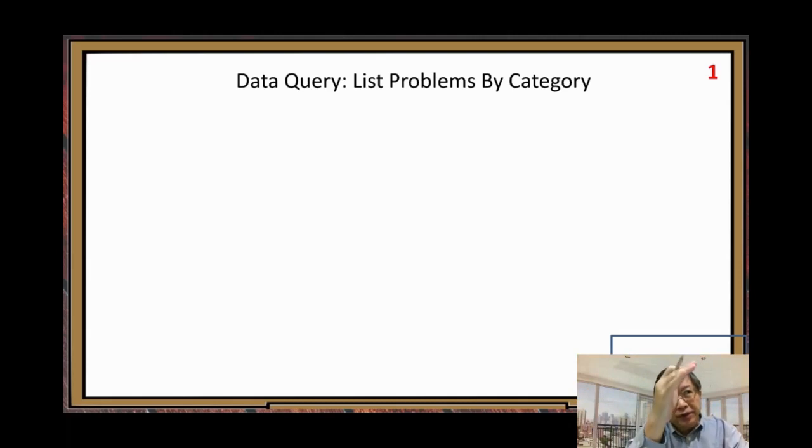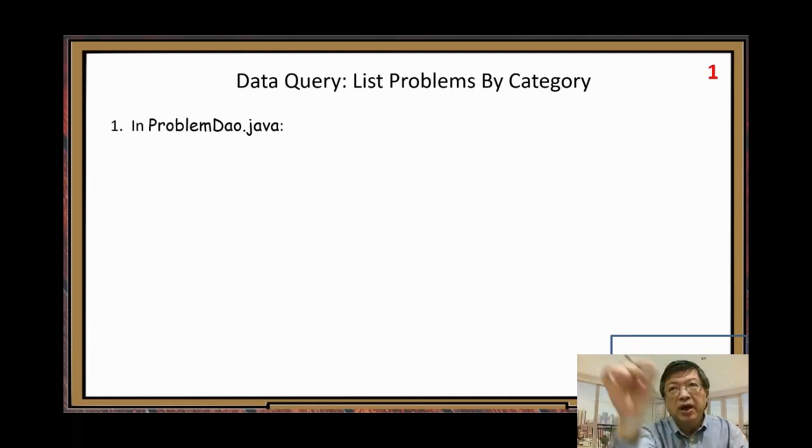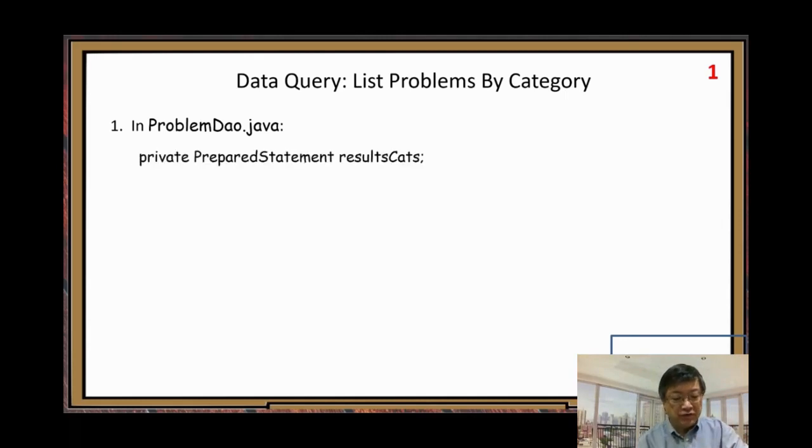First, we need to go to our problem DAO class and we add one query. So this query, when we list the problems, we need to specify selected category. All right, so that's the key query for this feature. So first, we create a prepared statement.